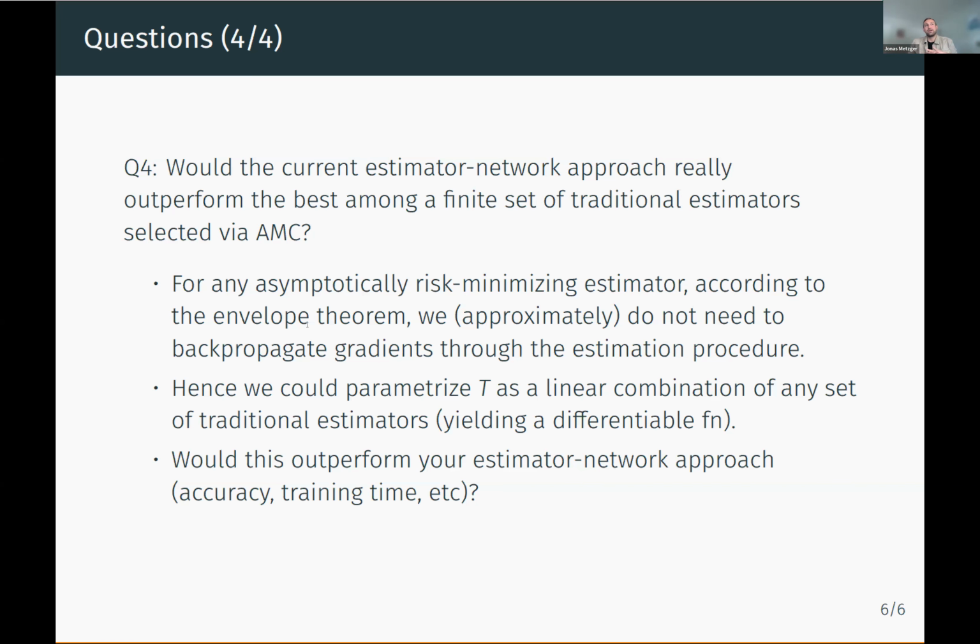And so I'd be surprised if the current AMC procedure is always better than whatever the best among the current ones is, right? But if you use this AMC criterion to pick that best, that would still be a valuable contribution and might be easier to do. So yeah, those are my comments or questions. Curious about your thoughts.